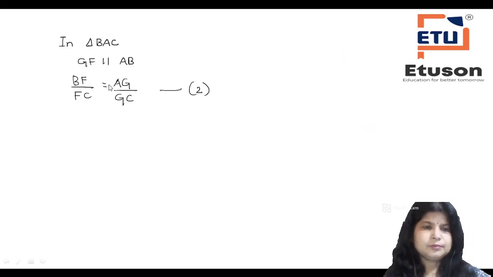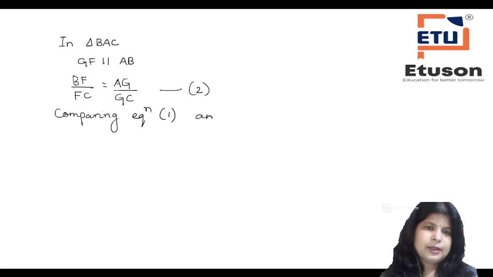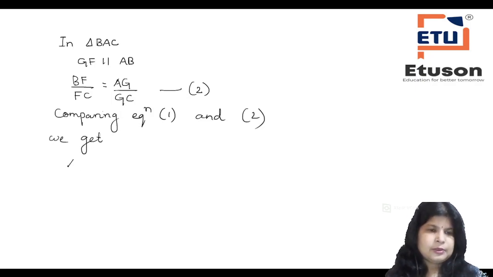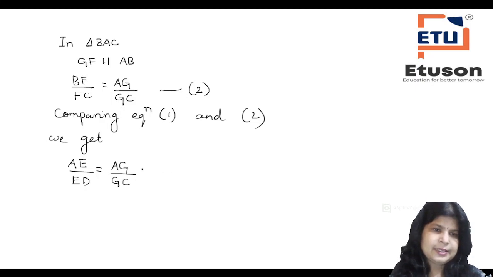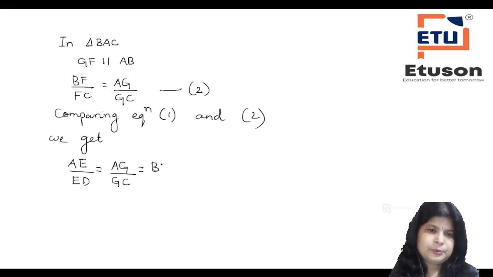So, comparing equation 1 and 2, we get AE by ED is equal to AG by GC is equal to BF by FC.